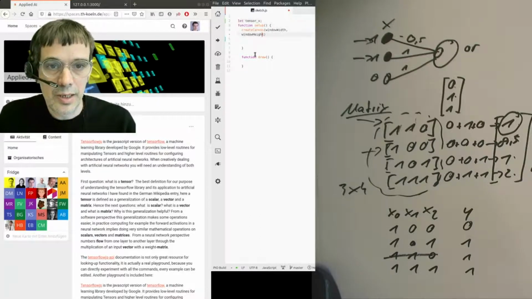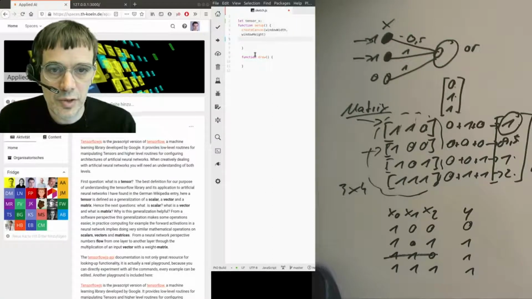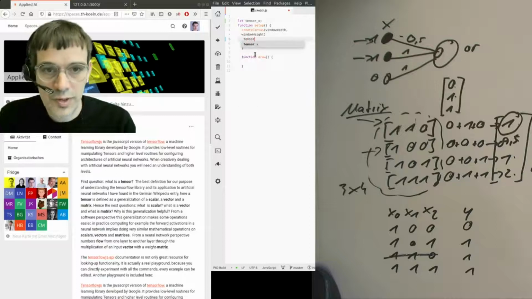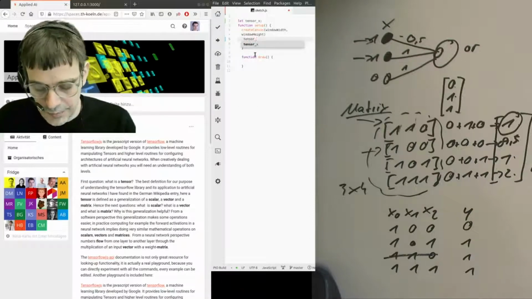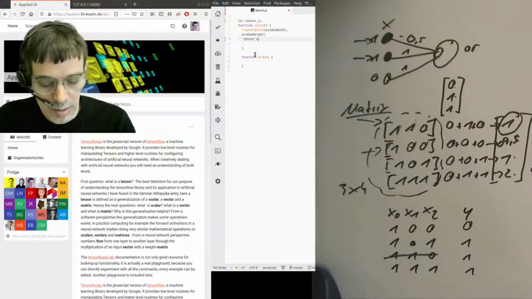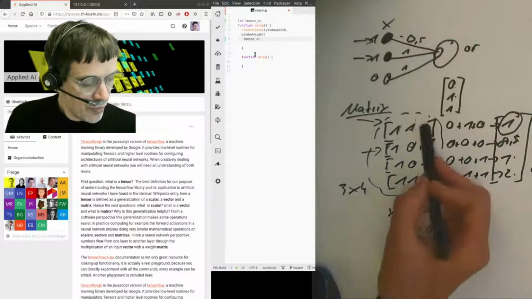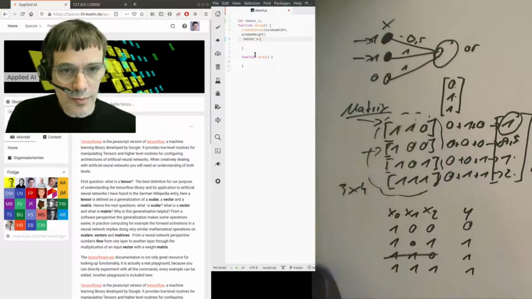And then here I define it, and then in the setup function we will initialize it. So this tensor x, we start with this very first example here.